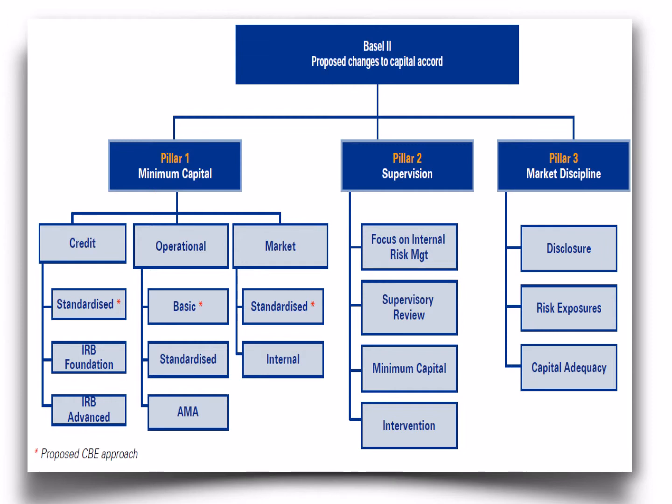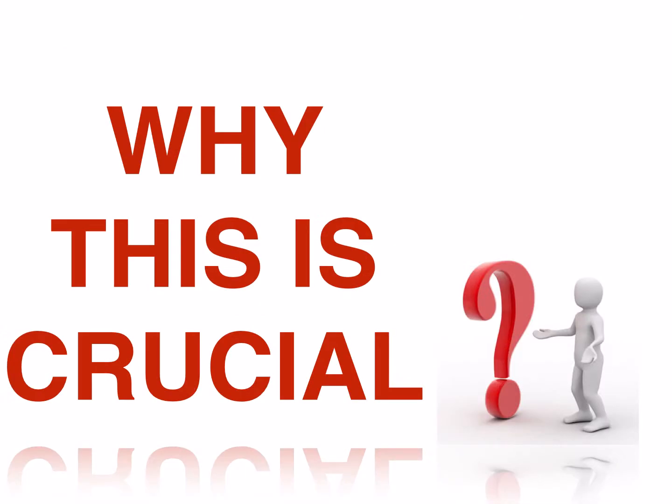Pillar 3 introduces substantial new public disclosure requirements, and will represent a significant increase in the amount of information made publicly available by banks and investment firms around capital structure, capital adequacy, risk management, and risk measurement. Why is this crucial?